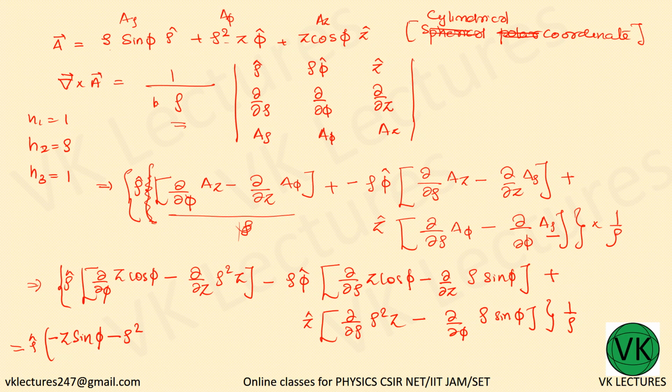Wait, oh, we have made a mistake. This is h1, so that is 1. Here you have to multiply by rho, here 1, h1 into a1, h2 into a2, h3 into a3. I hope you remember that.